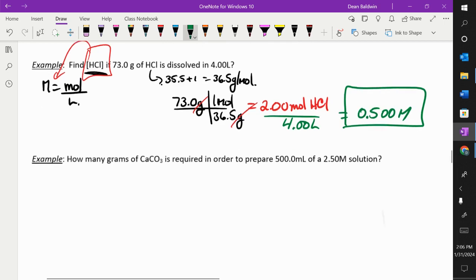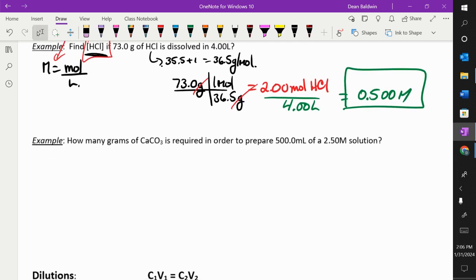All right. How many grams of calcium carbonate is required in order to prepare 500 mL of a 2.5 molar solution? All right. Write out your formula. Molarity is moles per liter. What do we know? I've got 2.5 molar.